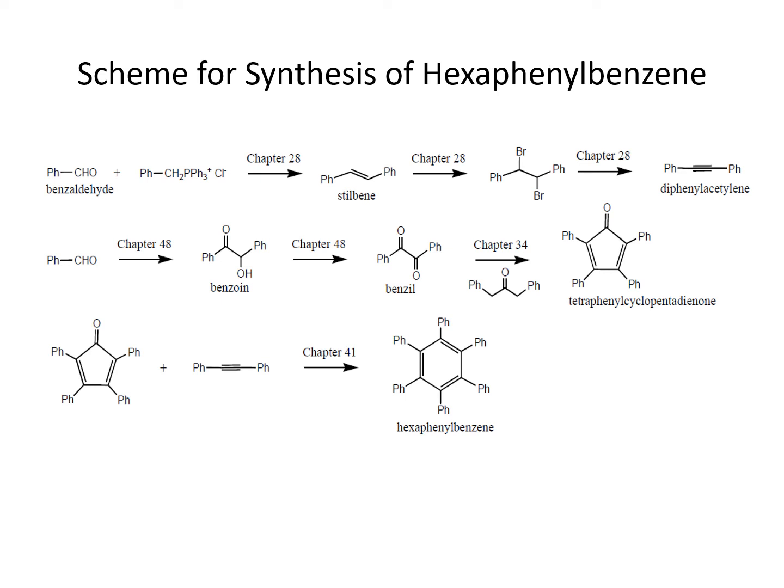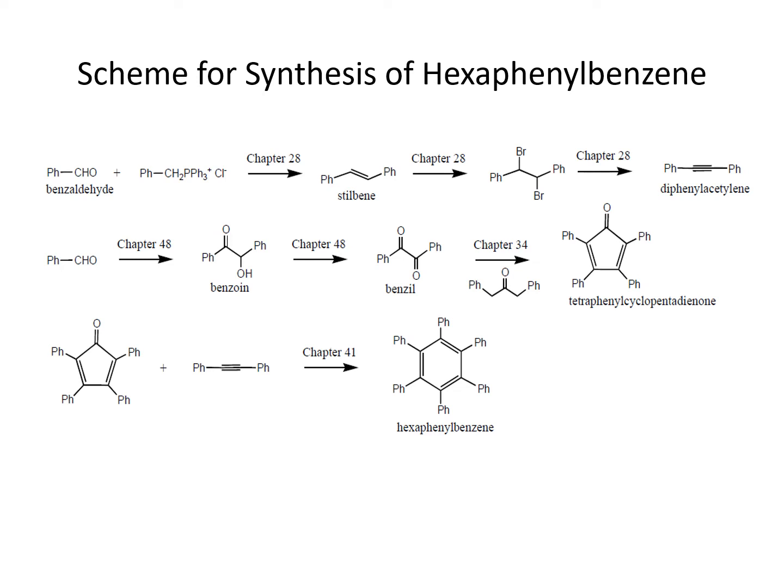The purpose of synthesizing stilbene dibromide is because the product itself is a precursor for another organic compound called diphenyl acetylene. This diphenyl acetylene is also an important reagent for the synthesis of hexaphenyl benzene.